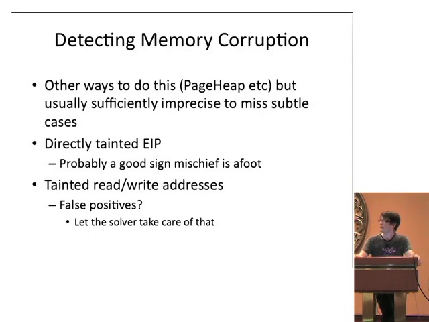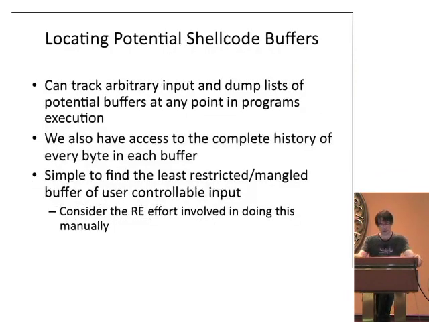As for EIP, typically if you've got a user-controlled byte in EIP, something's gone hilariously wrong. So that's the trivial case. In terms of locating potential shellcode buffers, if you can track all memory at any point in a program's execution, and figure out all memory locations controlled by user input, then you have a complete set of the usable locations for shellcode, assuming you're not doing something more complicated.